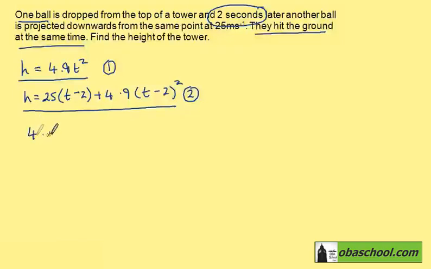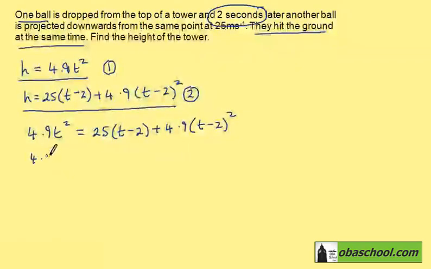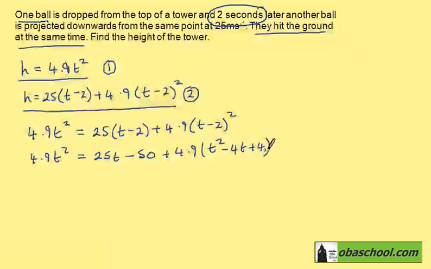Therefore, 4.9 t squared must be equal to 25 times t minus 2 plus 4.9 times t minus 2 all squared. So that's 4.9 t squared equals 25t, take away 50 plus 4.9 into t squared minus 4t plus 4.